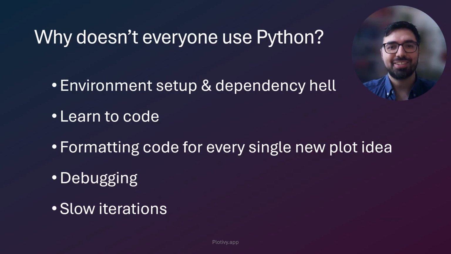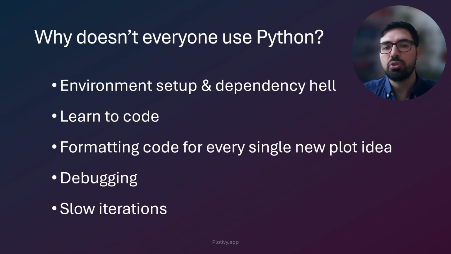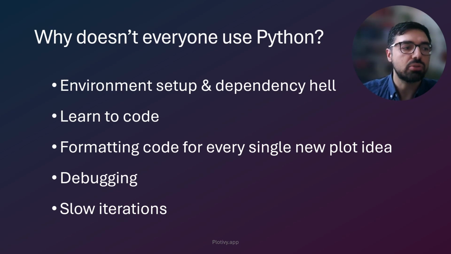So now the question is, if Python is so good, why doesn't everyone just use it? The answer is, I guess, friction. Python requires setting up a local environment, then you need to learn the syntax to write code. Every new type of figure means that you need to write new formatting code from scratch, and if you want to explore a new visualization idea, you have to develop new code for it, and you cannot reuse the same template that you developed at the beginning to always plot the same line chart, for example.